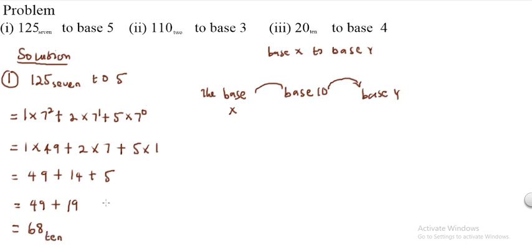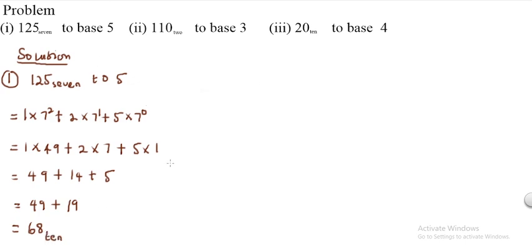So let me clean up this space. To convert 68 base 10 to base 5, we draw out a table. So this is a table, and then write 68 base 10. Since we are converting 68 base 10 to base 5, we divide through by 5. So here we'll have a 5.